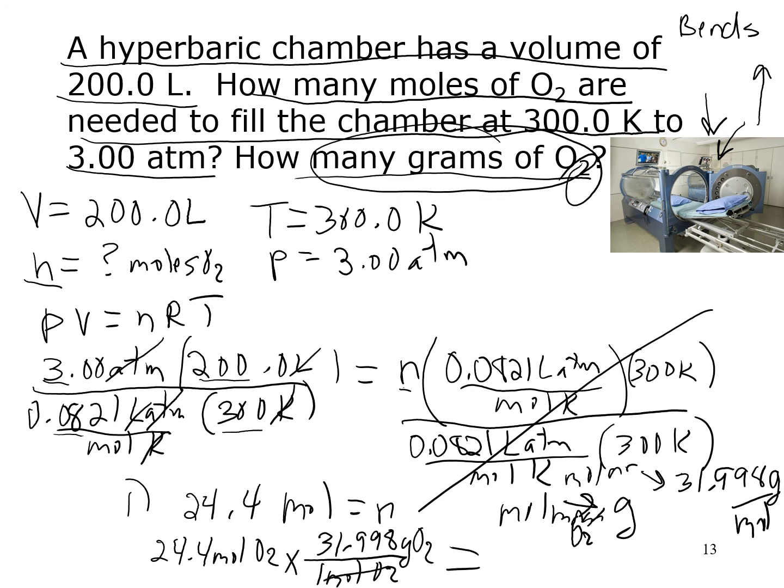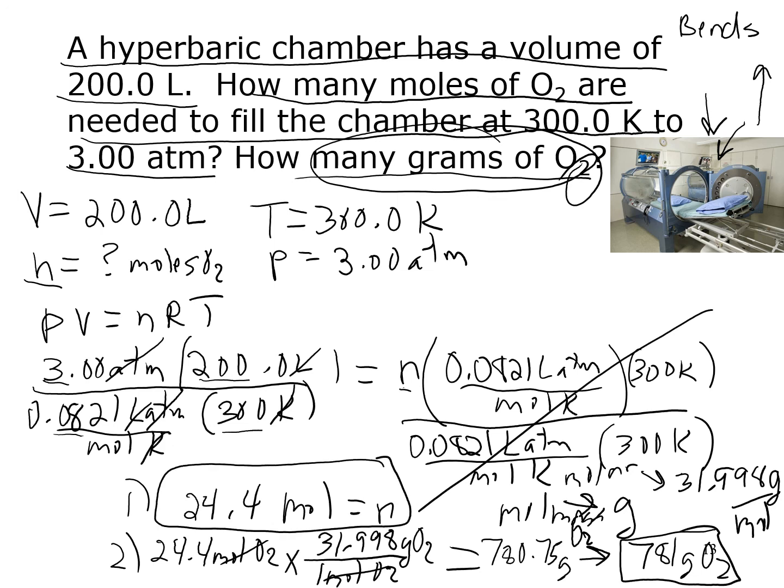Our moles of oxygen will cancel, and then we need to do the math. 24.4 times 31.998 gives me 780.75 grams. And I want to have 3 sig figs, so we'll change that to 781 grams of oxygen. That's our answer for the second part of the question. 24.4 moles for the first question.